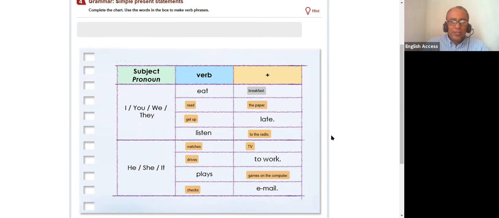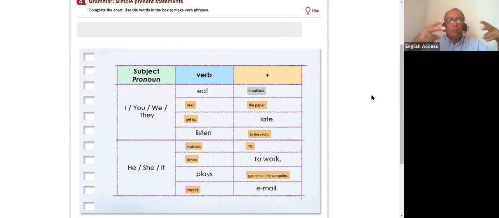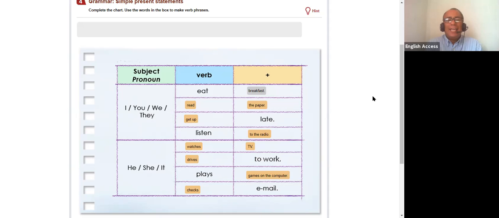Okay, can you read the sentence using he only for the second part? So use he only to read he watches TV. Number 2, Fatima, he watches TV. Okay, now the number 2, the second. He drives to work. Exactly, using he, Pacheco, number 3.